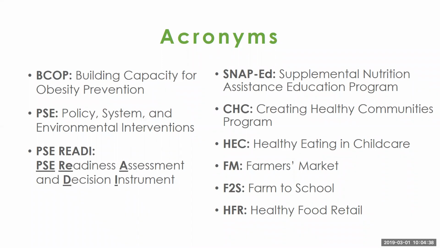Next, PSE, which you'll hear quite often during today's webinar, and that stands for Policy, System, and Environmental Interventions. And lastly is the PSE Ready, or the PSE Readiness Assessment and Decision Instrument, which is the tool the website is named after. However, it houses many other tools, which we will explore in today's webinar, again, highlighting healthy food retail.